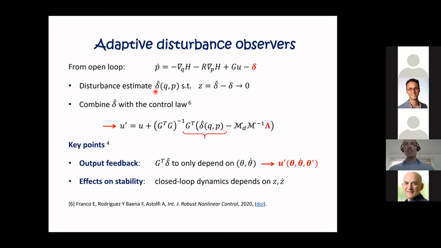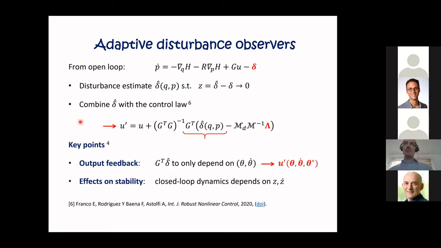We can design the observer using different techniques, and I'm not going to go into particular detail, but the aim of our design would in general be to ensure that the estimation error, Z, the disturbance estimate minus the actual value, converges to zero, ideally exponentially or asymptotically, or at least is ultimately bounded, depending on the method you apply. Regardless of what we choose, we would then be able to replace our unknowns in the control input with our observer state.